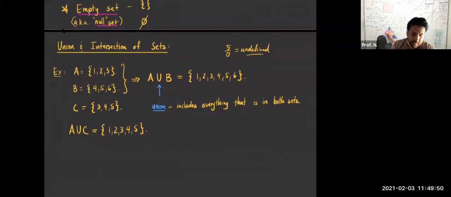But now let's talk about intersection. The intersection is given by an upside down U. Now, what does the intersection do, you think? What does that indicate? Union includes everything. What does the intersection include?